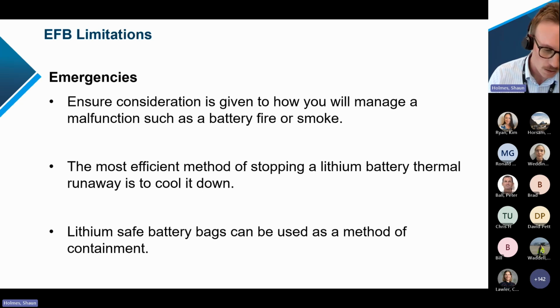It may not actually stop the thermal runaway, but it may give you the ability to contain that device so that you can get yourself onto the ground and get that device under control. So it'd be worthwhile having a look into those lithium safe battery bags and considering those what ifs. What happens if my EFB device does really fail and have some serious issues?